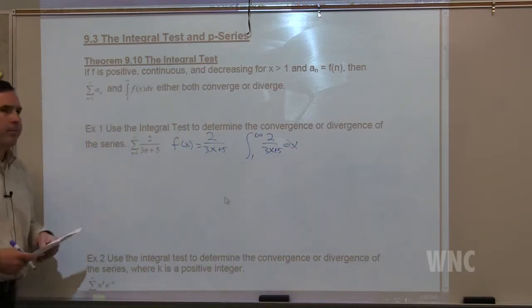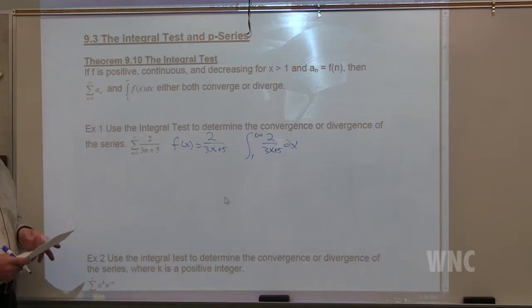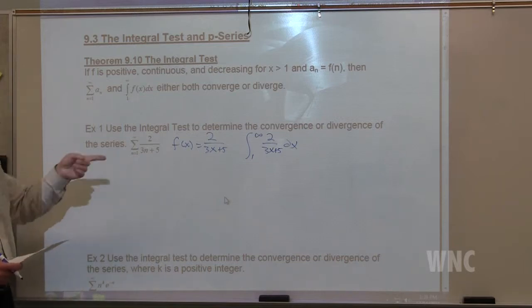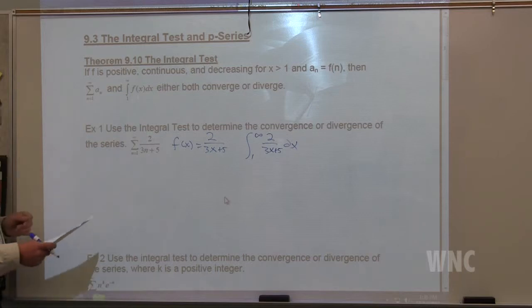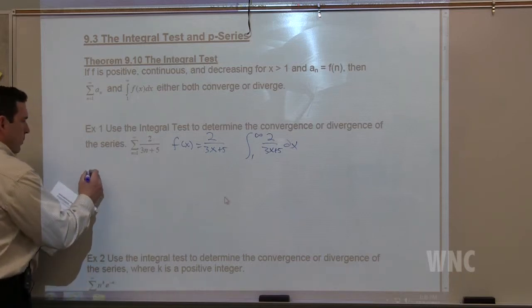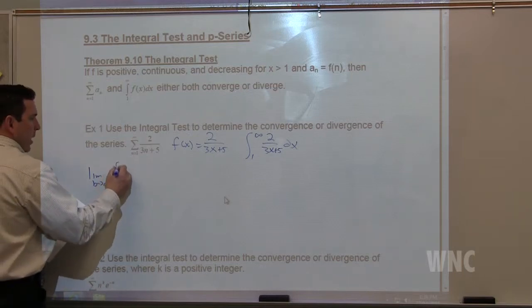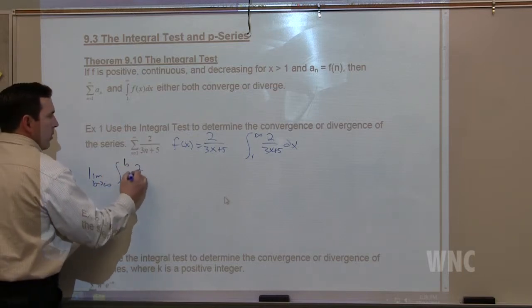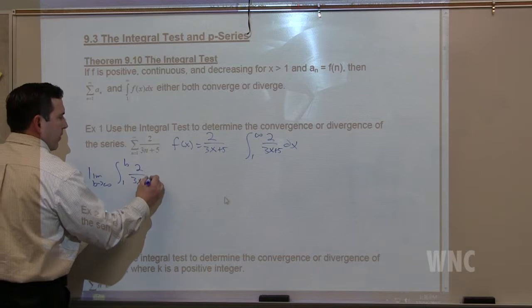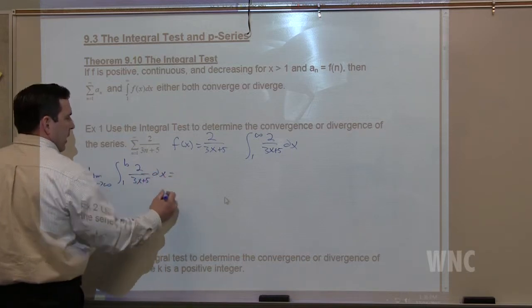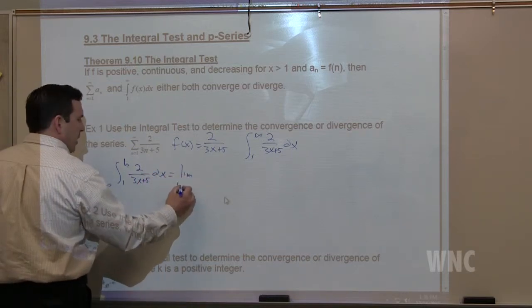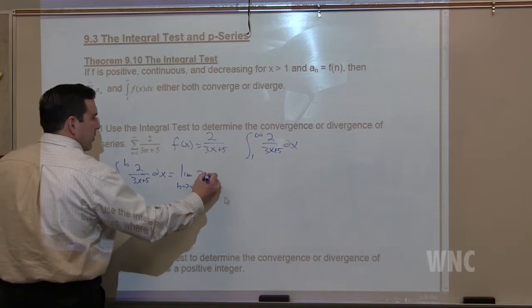Now, as we learned in 8.8, I believe it was, improper integral, right? So we'll have to say the limit as b goes to infinity of the integral from 1 to b of 2 over 3x plus 5 dx.